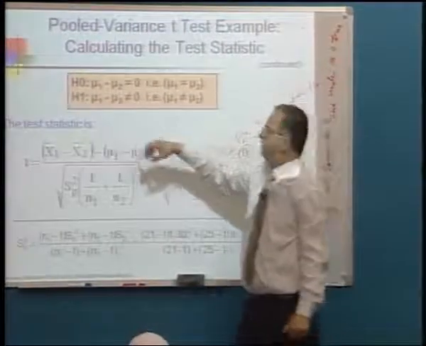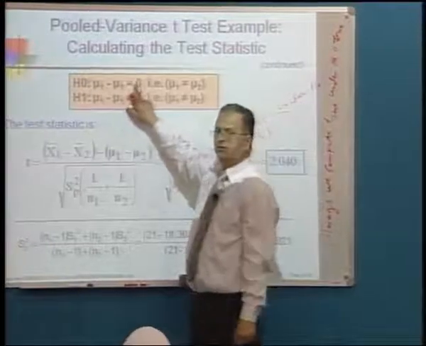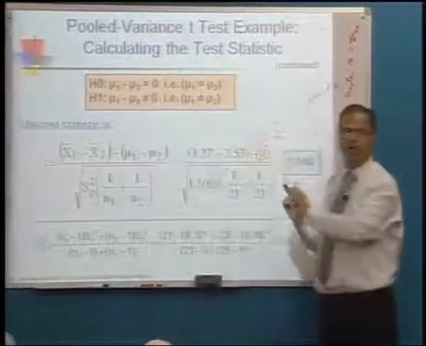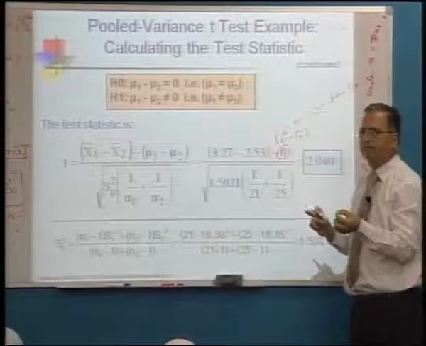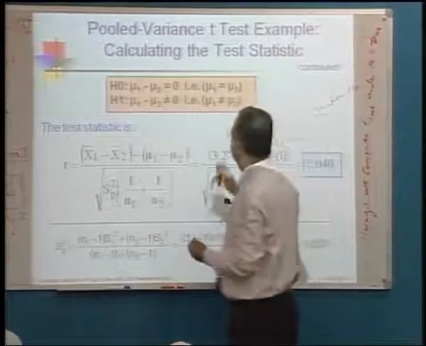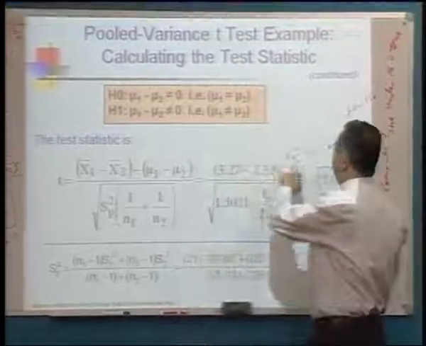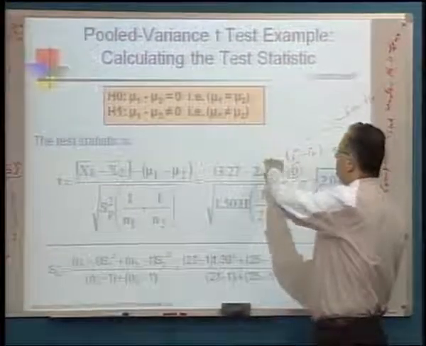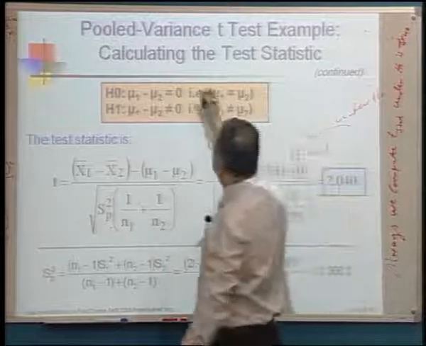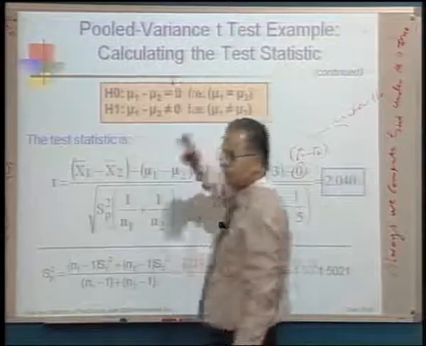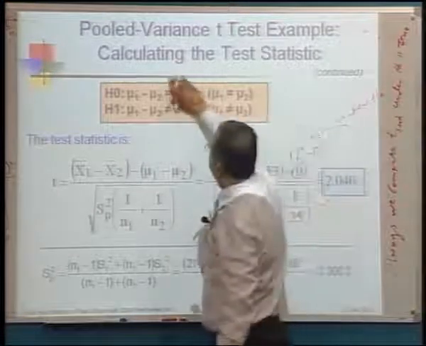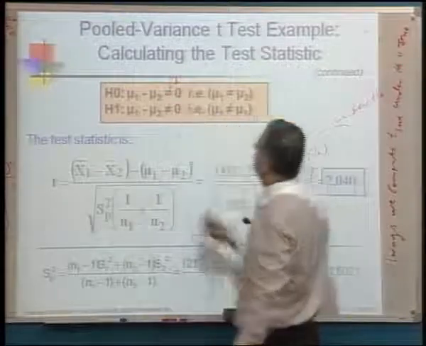In this case, we are assuming the difference is 0, so minus 0. In most cases, we assume this difference is 0. In some cases, it might be, for example, 3, or 1. 1 makes sense.